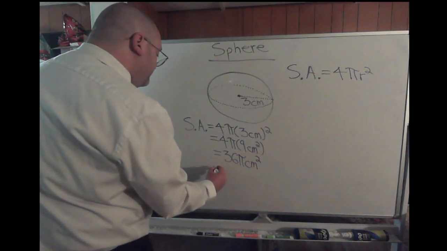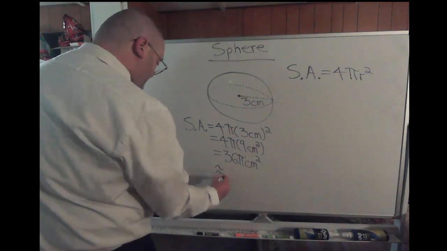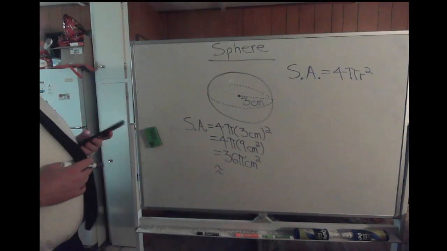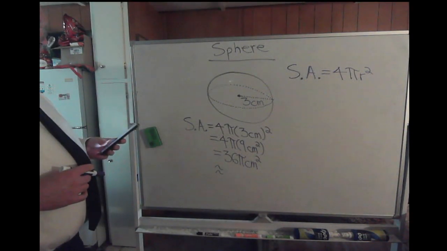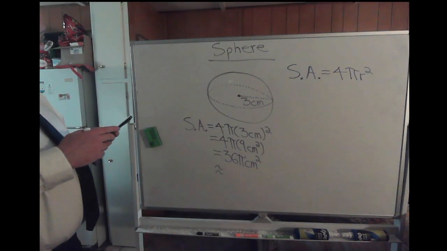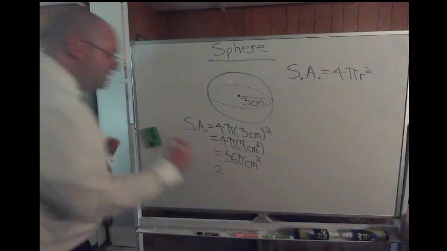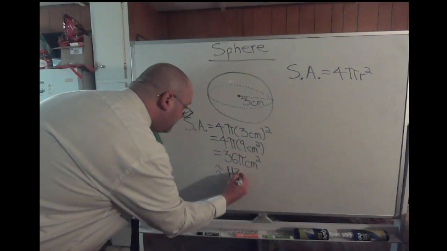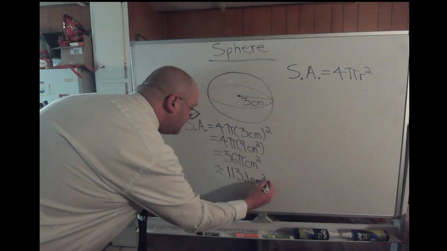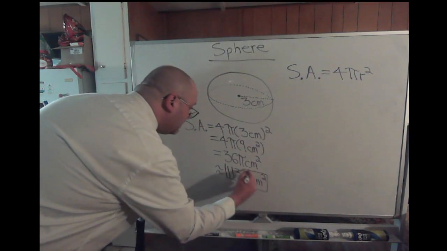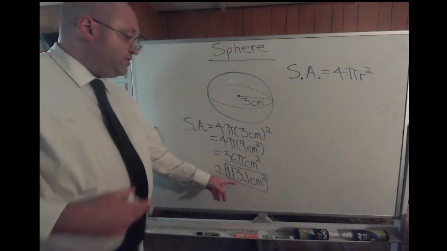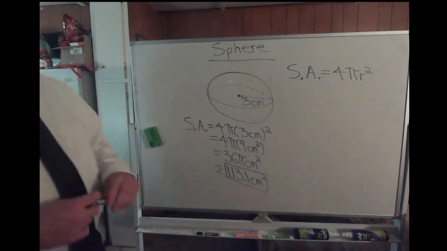Now let's simplify this by doing the multiplication, and we will round the result to 2 decimal places. So 36 pi is about 113.1 square centimeters. So yes, the surface area of the sphere is about 113.1 square centimeters.